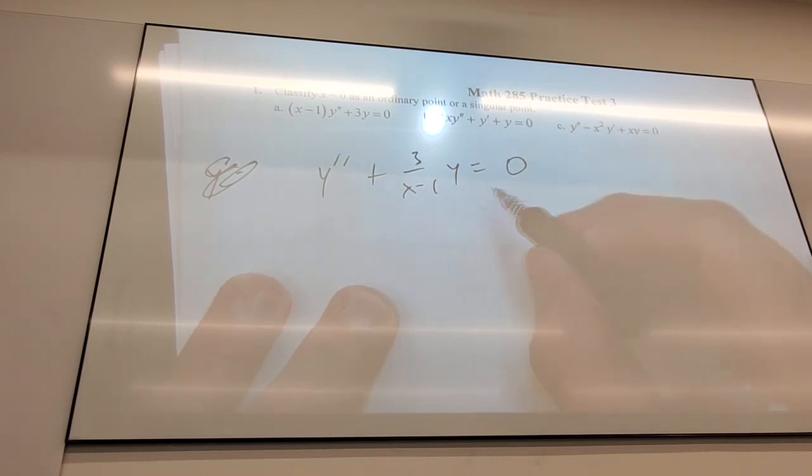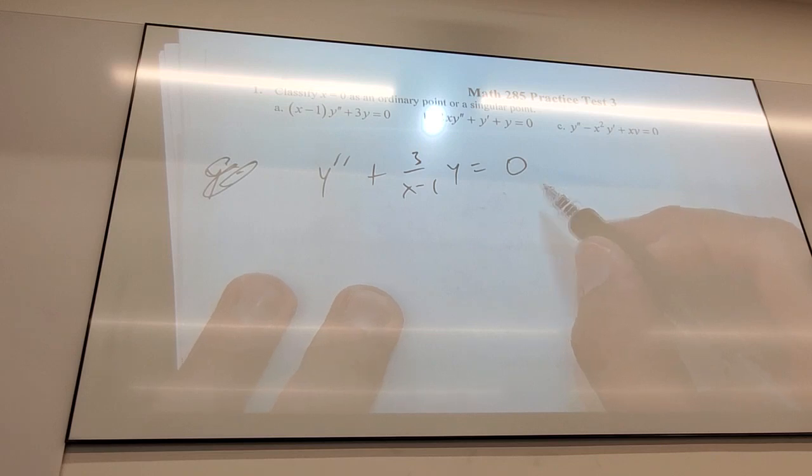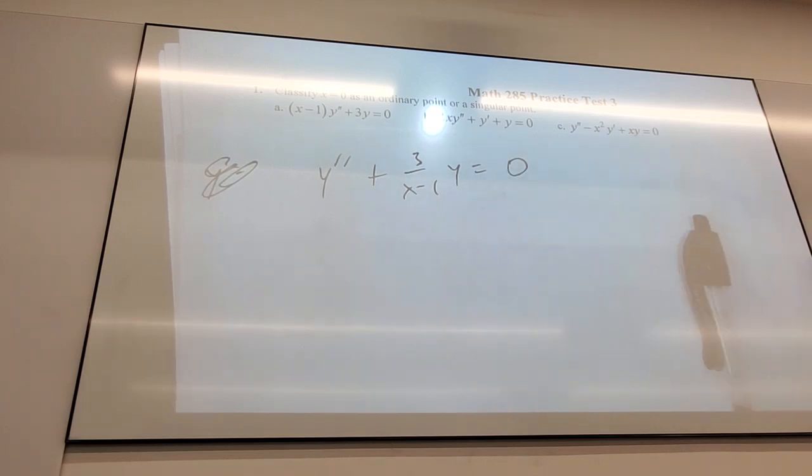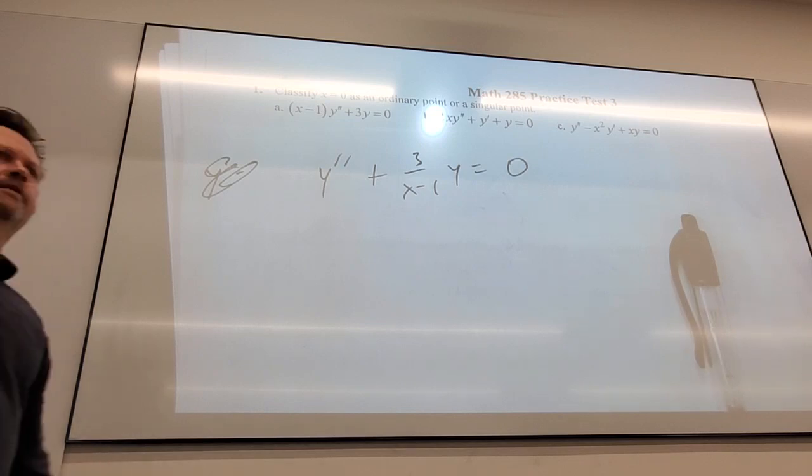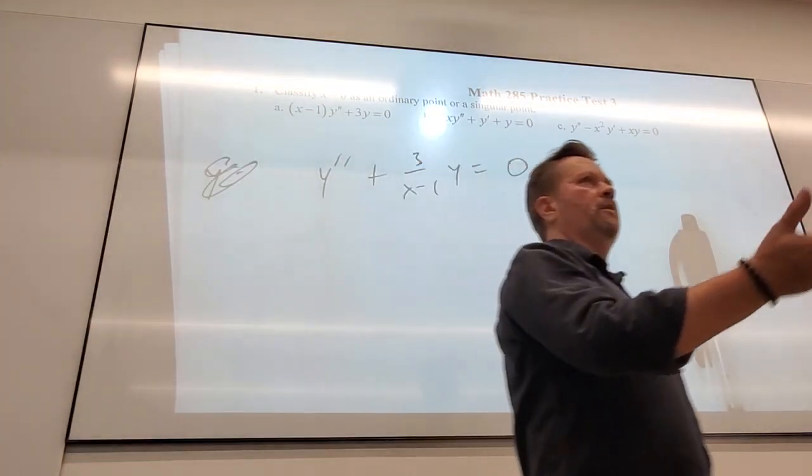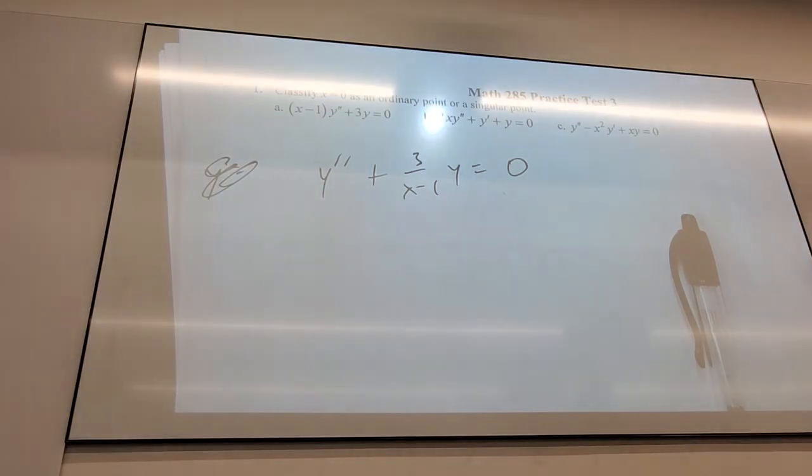So is x equals 0 okay? What's not ordinary? 1. But 0 is fine. So that would be ordinary. X equals 1 would be singular because it's not analytic, since it doesn't even meet the fundamental requirement of being continuous through 1.